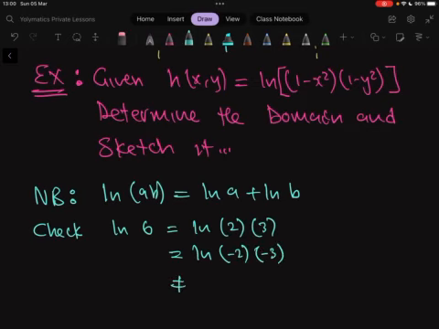So this is not equal to ln of minus 2 plus ln of minus 3, because ln of minus 2 is undefined and ln of minus 3 is undefined. So do not always jump to use this law, because with a problem like this one, people always make that mistake of strictly jumping to use that argument.